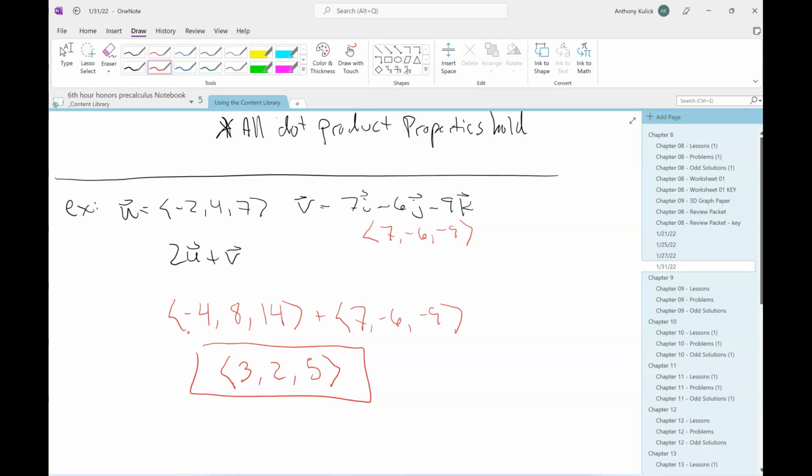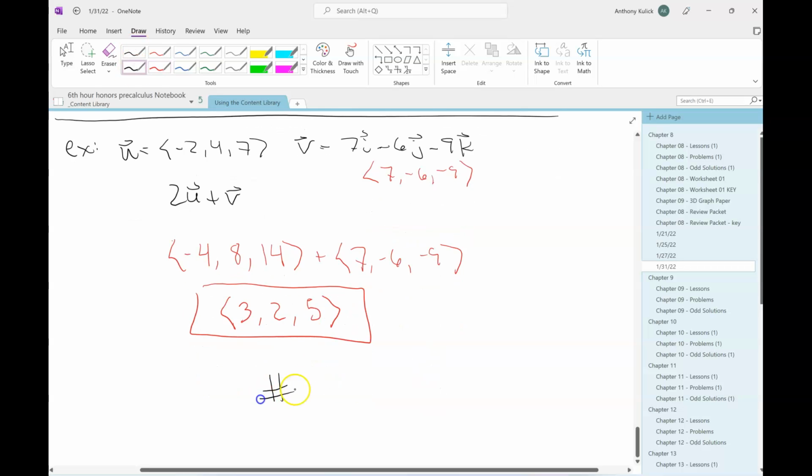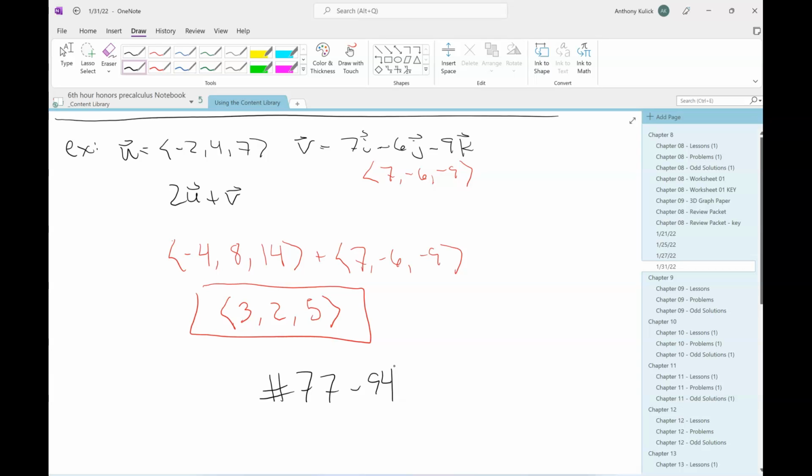That's it for these 2 sections. We're going to stop right here. At this point, you should be able to do up through 94. Again, think about the kinds of things we did in these examples. It was all fast and pretty trivial things, right? Just doing vector operations, plotting points, drawing a vector. Not difficult skill-wise, but you've got to keep your notation and formulas sorted.